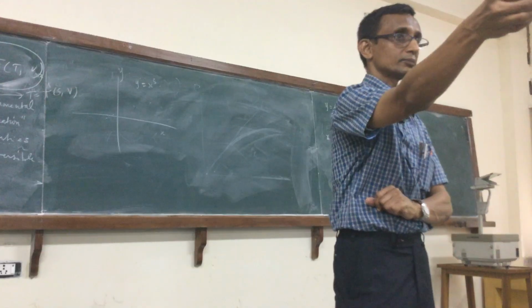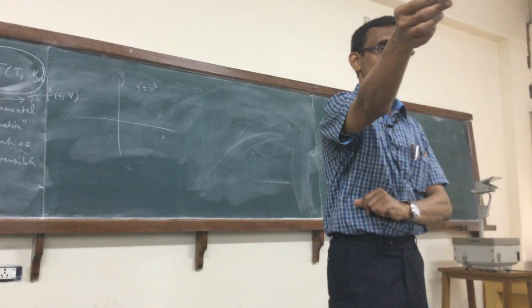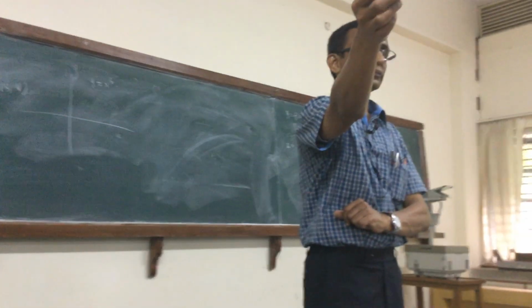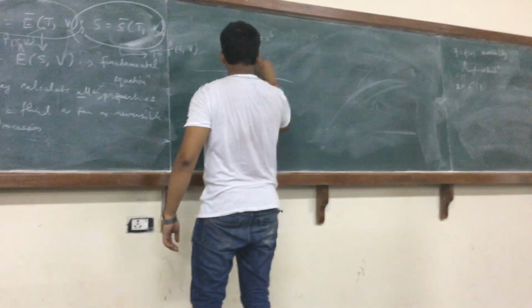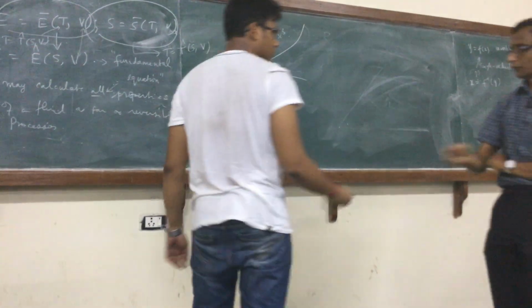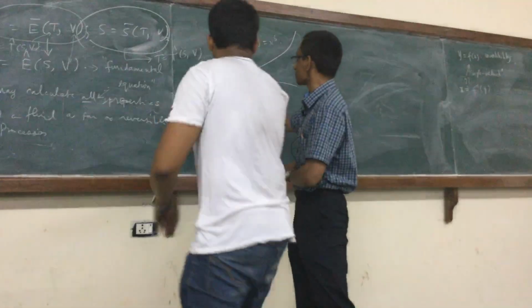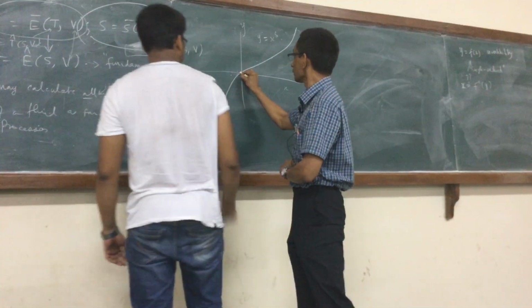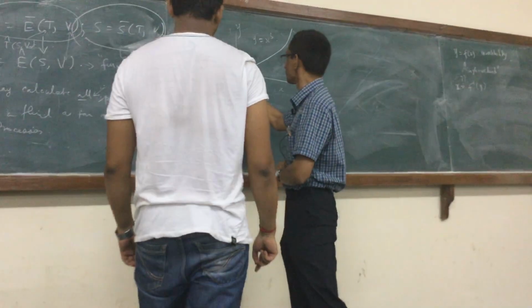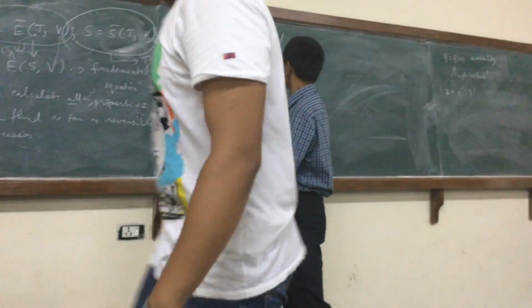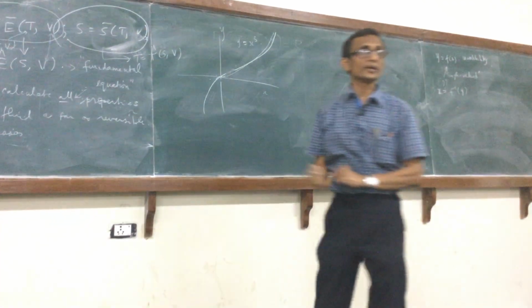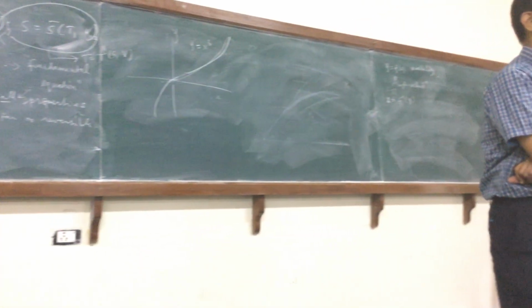Can you plot? Something like this. There's a point of inflection here. It is somewhat flat here. Quite flat. So is it invertible or not?